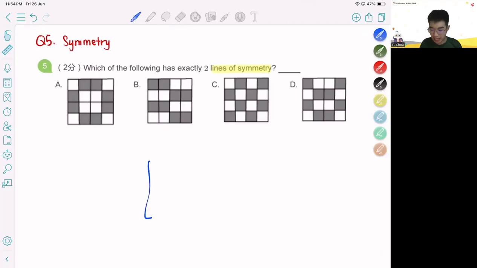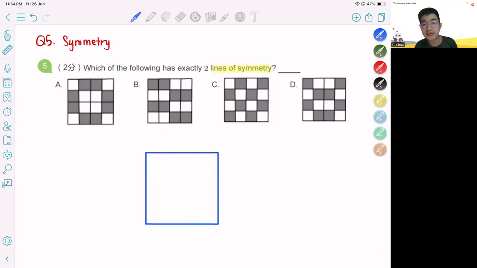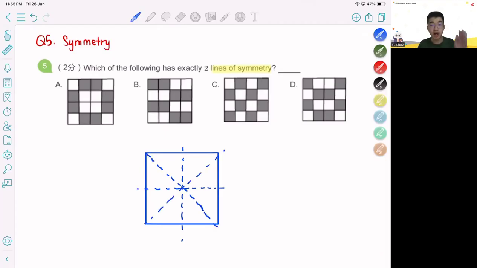All of these figures are basically squares with colored tiles inside. If we look at a square, there are some common lines of symmetry: a vertical line, a horizontal line, and also the diagonals. These are the common lines that we will check to see if the shape is symmetrical when we cut along that line.